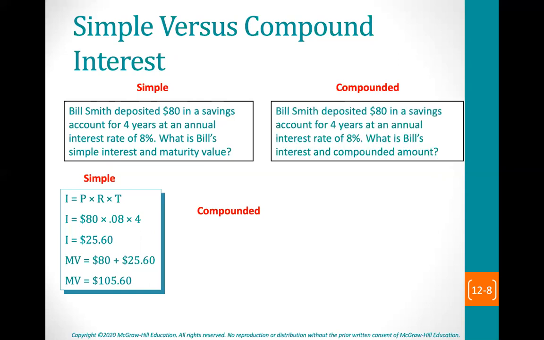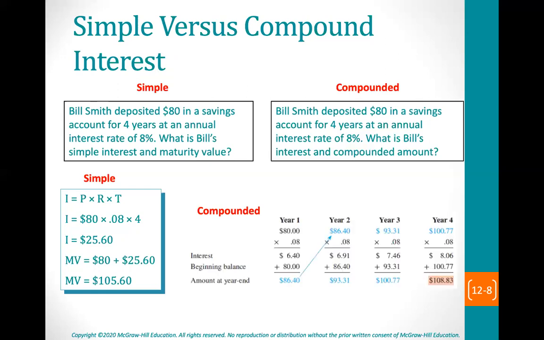Now, compounded. Bill Smith deposited $80 in savings account for 4 years at an annual rate of 8%. What is his interest and compounded amount? Well, by hand, we can follow the calculation. $80 times 8%, he earns $6.40 in the first year. $6.40 plus 80, his amount at the end of the first year is $86.40.